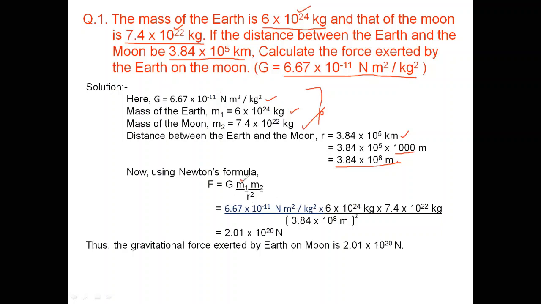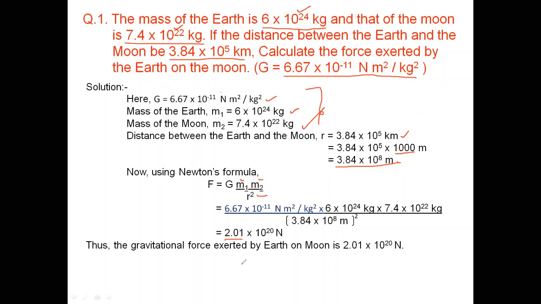The value of m1 is 6 × 10^24. The value of m2, the mass of the moon, is 7.4 × 10^22 kg, divided by r square, the distance between the earth and the moon, that is (3.84 × 10^8) whole square, because r square is given here. Okay, on calculating this value we get the answer: 2.01 × 10^20 Newton.